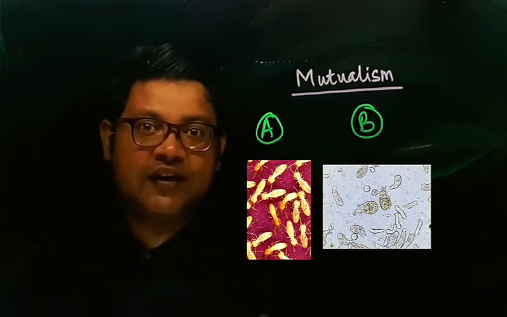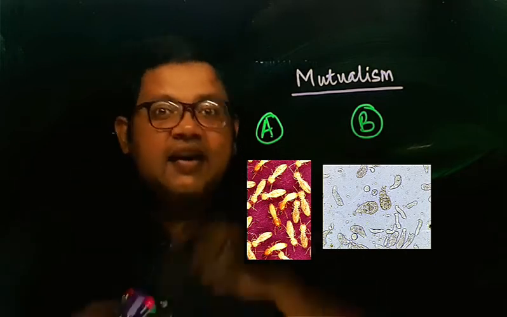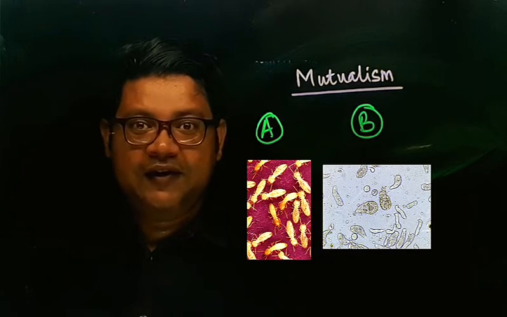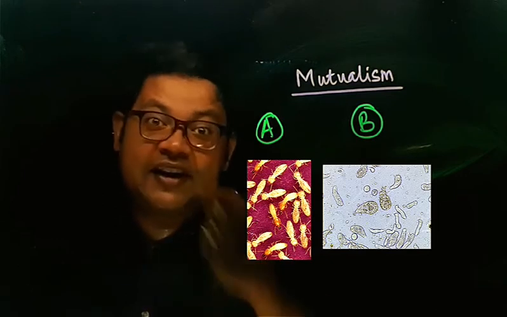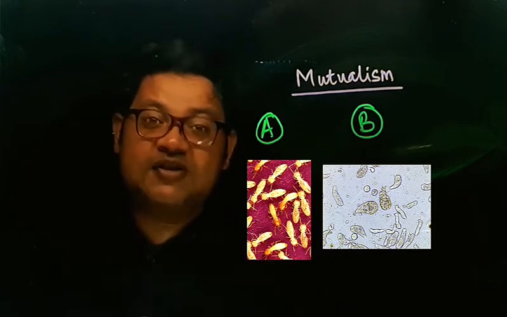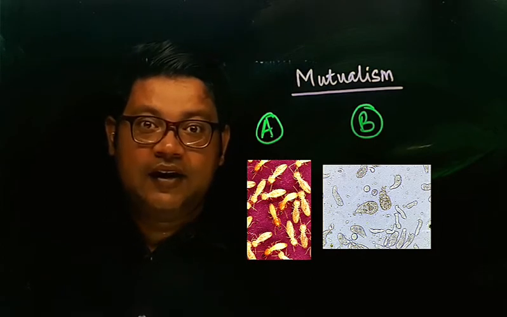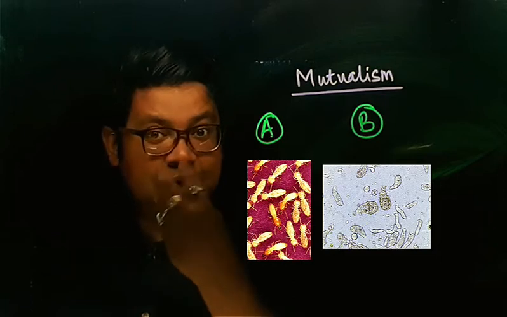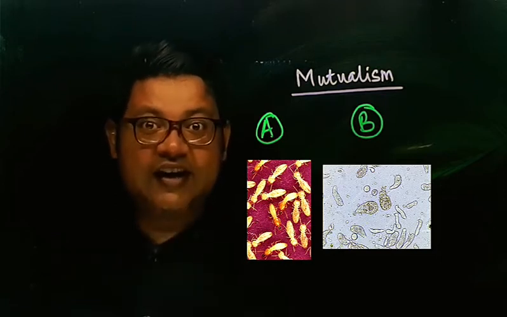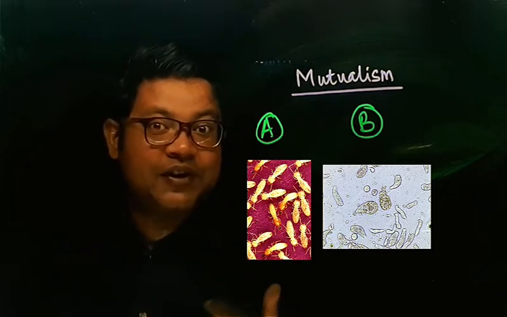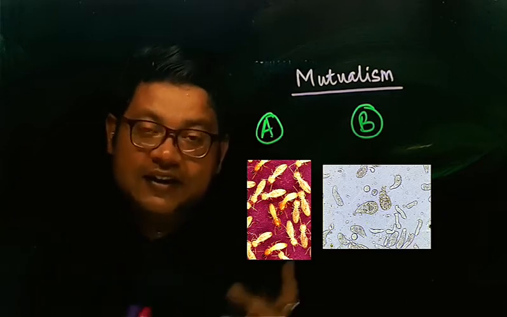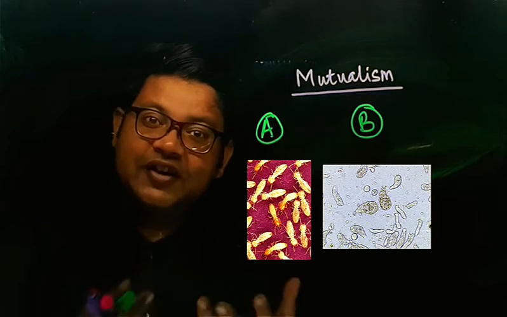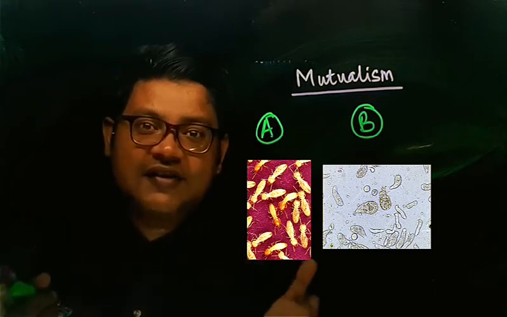These protozoans are present inside the digestive system of the termites. Termites chew up the wood, so the cellulose goes inside the digestive system. These protozoans have the enzymes to digest the cellulose. So these protozoans release the enzymes and they digest the cellulose.